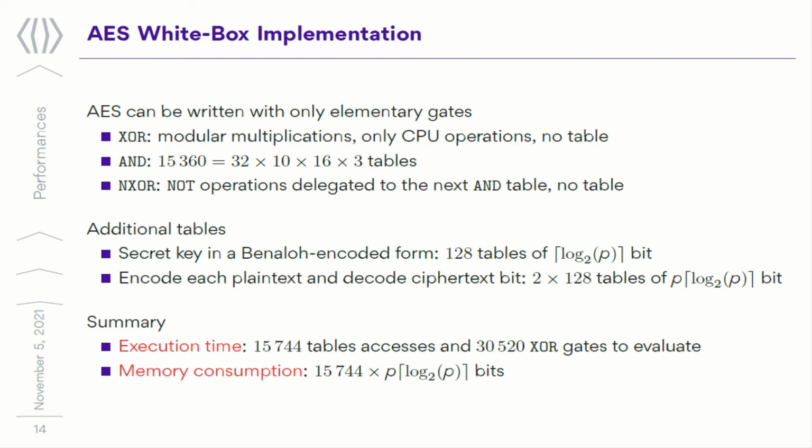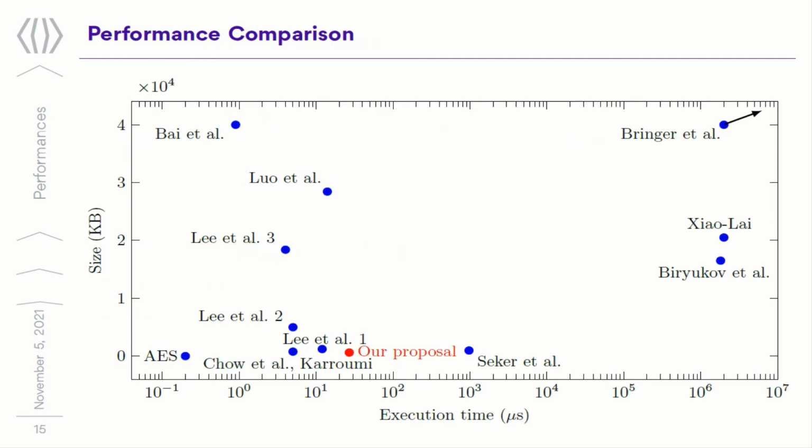If you want to compare our solution with others, we can see that for the size of our proposal, we are competitive with other white-box designs. In this example, we chose a 6-bit prime number for P, which is 53, a processor of 2 GHz, and an access runtime equivalent to a DDR3 memory. And so for the execution time, we can remark that some proposals are faster than ours.